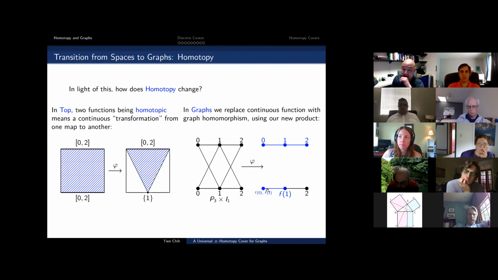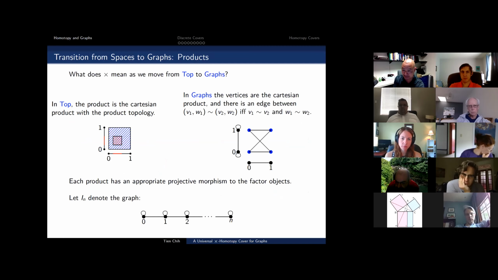And the reason we're using I instead of P, let me back up here, is because if I take the 0, 1 and cross it with this, and I want my cross sections to look like the original 0, 1 graph, then I'm going to need there to be a loop here in order to have this edge, because 1 has to be adjacent to 1 in order for these to be adjacent.